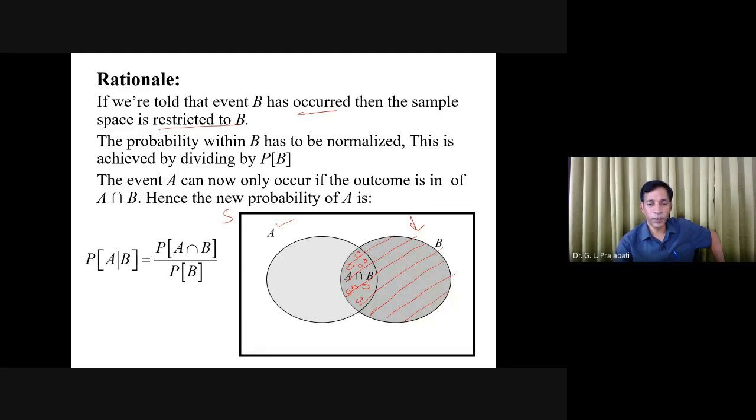Or if you know the number of elements in the intersection and the total number of elements in the event B, then you can also compute the probability of A given B. The probability within B has to be normalized, and this is achieved by dividing by the probability of B, because you may have a number of points here, and for normalization you divide by the probability of this region B. Whenever you come to know that some event has occurred, the sample space is going to be modified, and you need to remember what the new sample space is. Earlier the sample space was this, and now the sample space becomes this.